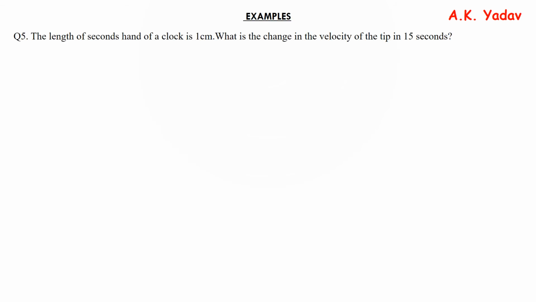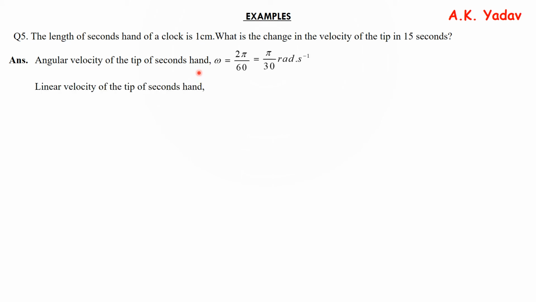Question number 5. The length of seconds hand of a clock is 1 centimeter. What is the change in the velocity of the tip in 15 seconds? Now angular velocity of the tip of seconds hand, omega is equal to 2 pi by 60, that is pi by 30 radian per second.